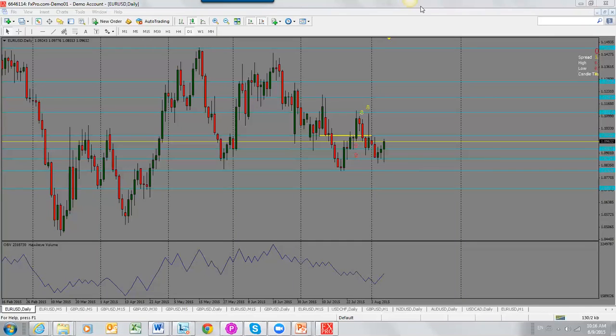Okay, so based on the Euro US dollar chart, we have a nice strong candle here to the downside, and then what we see is that it's coming into the support and resistance area. We know the price has reacted before at this level.